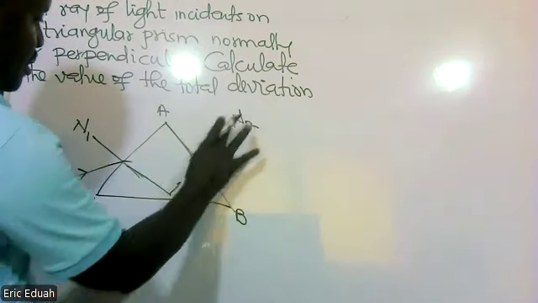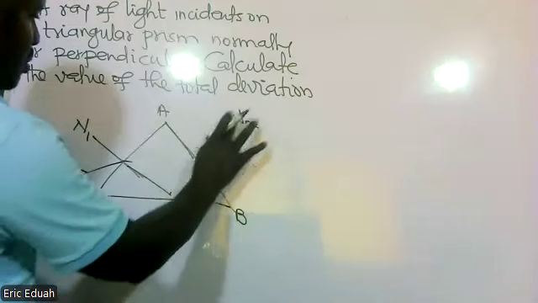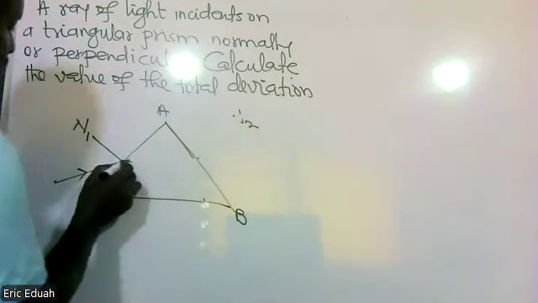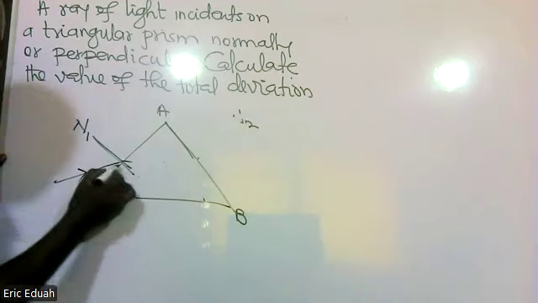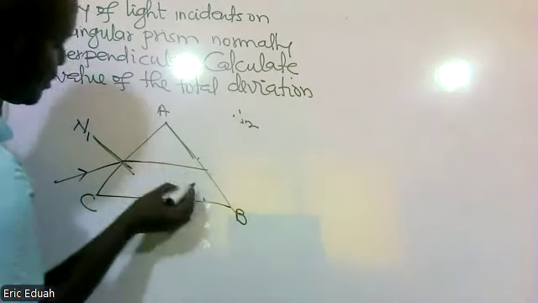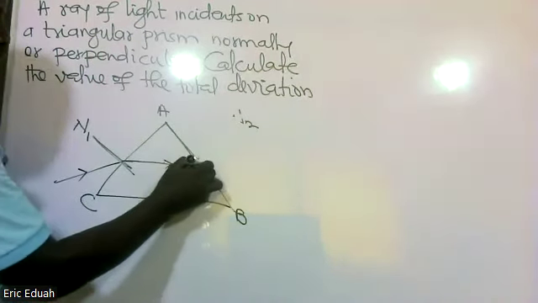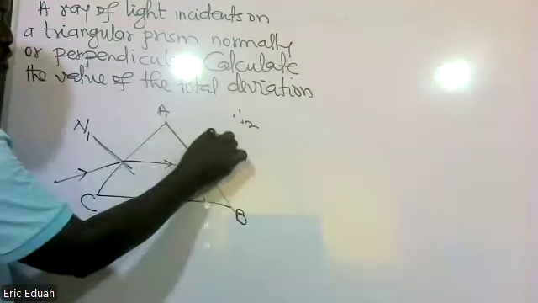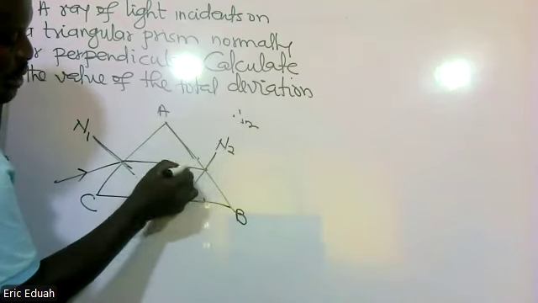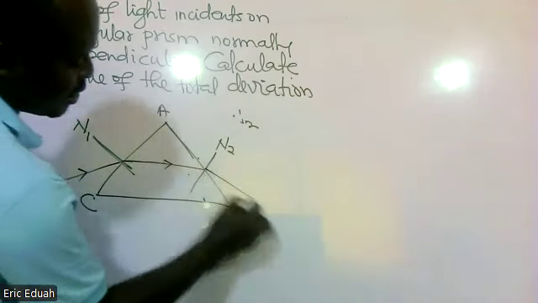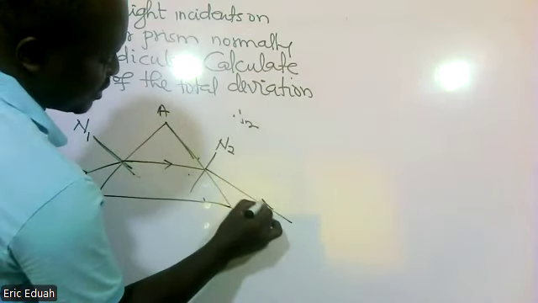So this cannot continue until the light hits the boundary. Then N2. Then from glass to air, it bends away from the normal.